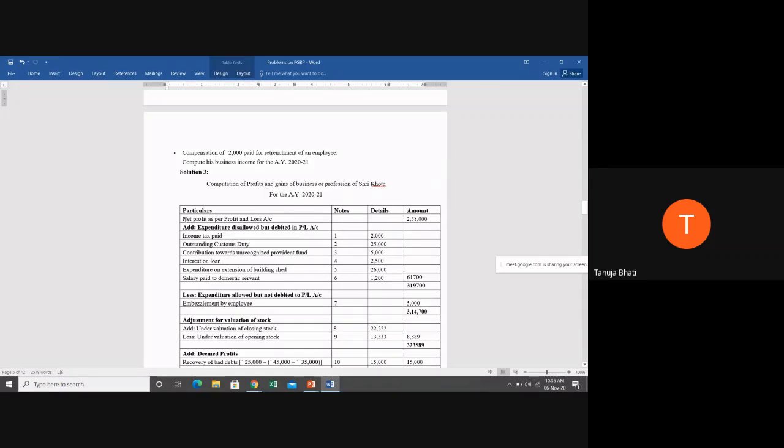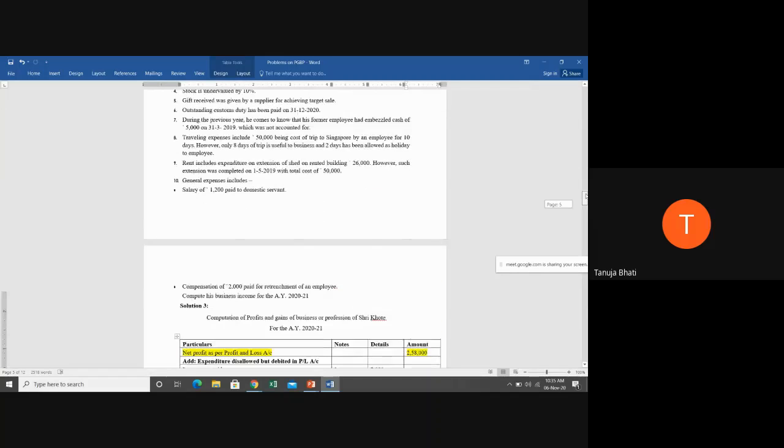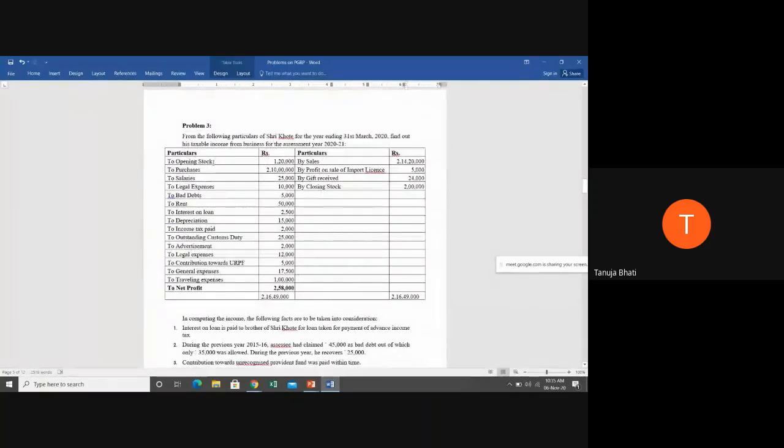So we start by taking the net profit as per P&L account, that is 2,58,000. Now what we need to do is step by step we need to see each expense and check whether some additional information of that particular expense is given, then take a decision whether it is allowed, disallowed, and adjust it in the main answer if it is disallowed.